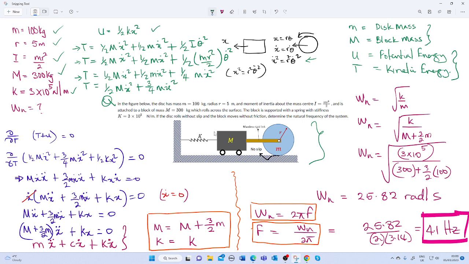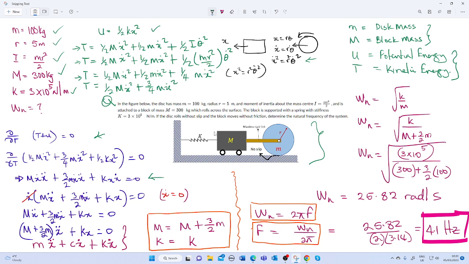Now, by adding both the potential energy and the kinetic energy of the whole dynamic system here, it becomes the differential of T plus U equals the differential of half M s dot squared plus 3 over 4 m s dot squared plus half k s squared. That gives us this particular equation.